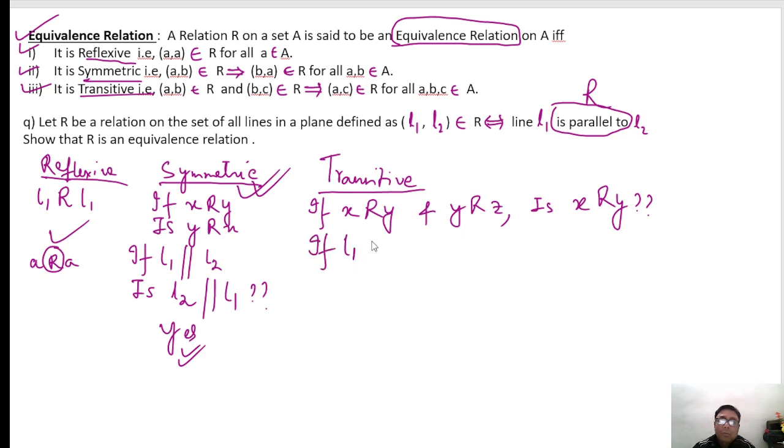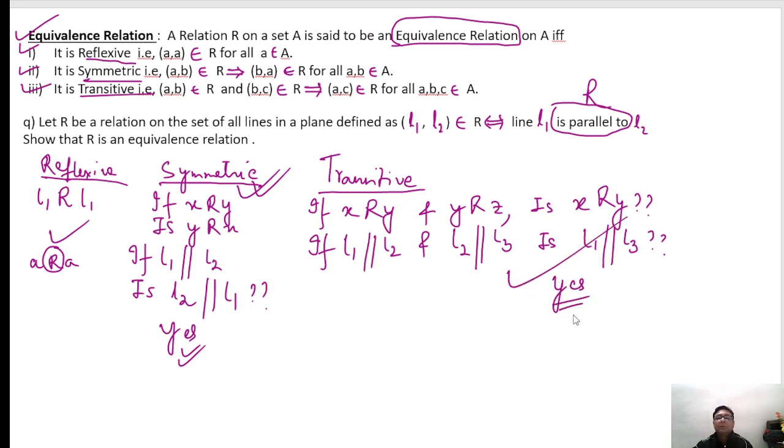If L1 is parallel to L2 and L2 is parallel to L3, is L1 parallel to L3? Yes, it is possible. That means transitive is also possible.